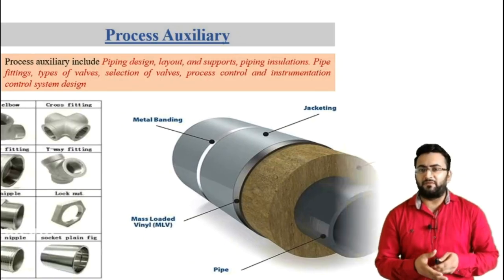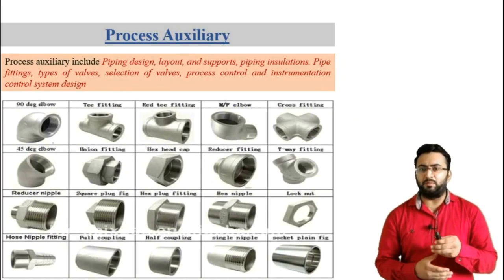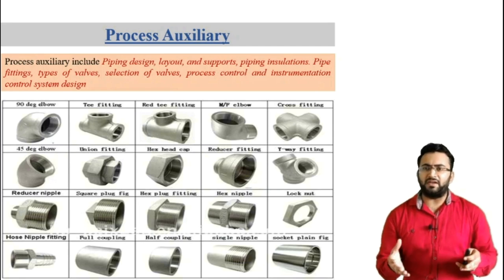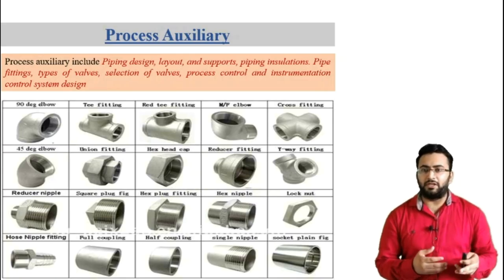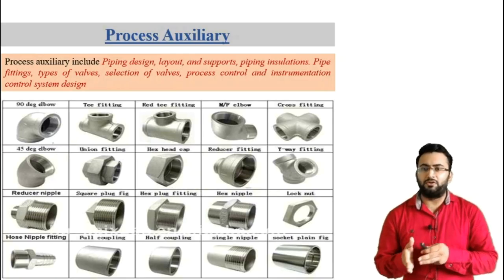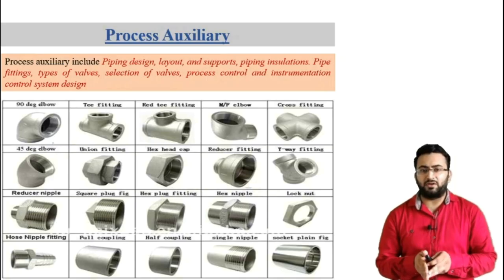Then pipe fitting is also considered in process auxiliary. Various types of pipe fitting, such as 90-degree elbow, 45-degree elbow, T, cross fitting, union, reducer, flange. So these all types of pipe fitting are considered in process auxiliary.